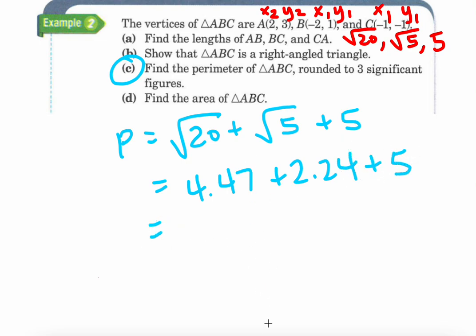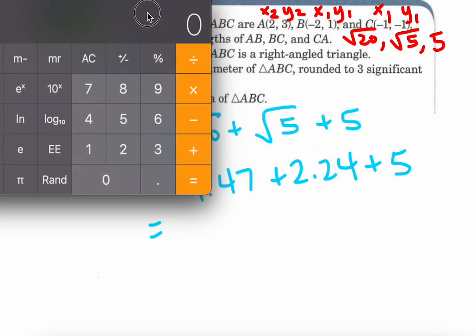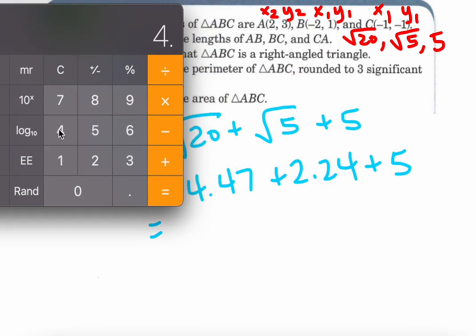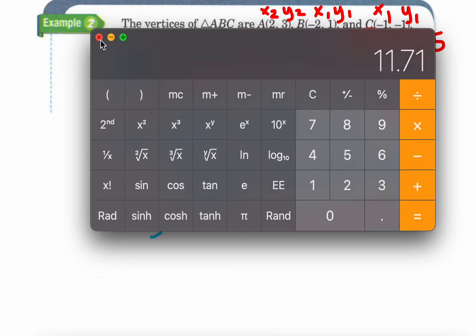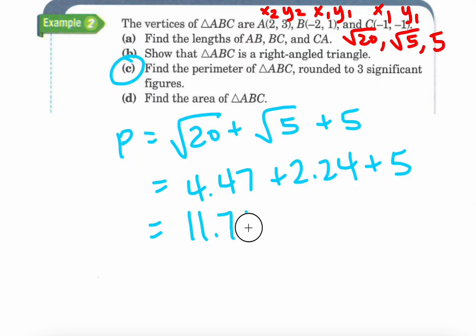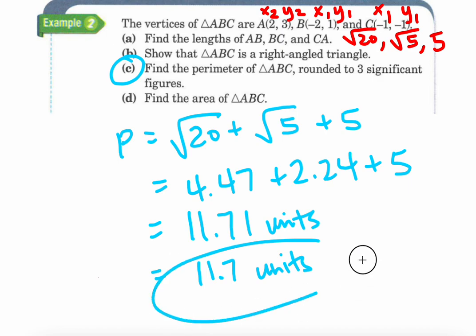Okay, so I just got to add those all up because that's what perimeter tells us to do. 4.47 plus 2.24 plus my 5. So the perimeter of this right triangle is 11.71. What is this? Units? They didn't really give us units, so we'll just say it's units. 3 significant figures, so our final answer is 11.7 units. That's our perimeter.